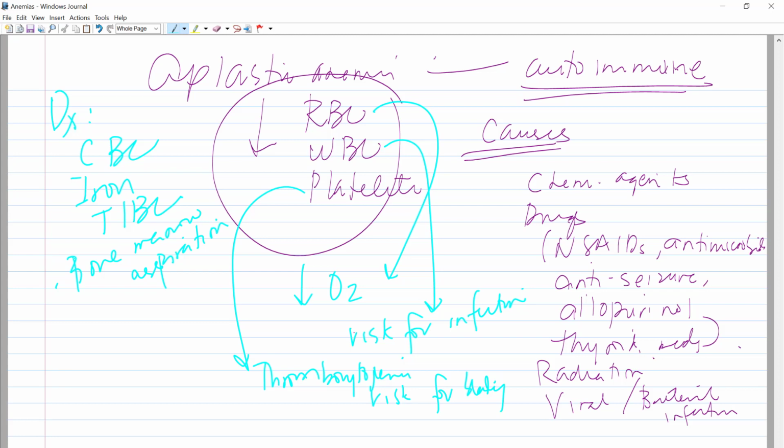So what do we do to this patient who has aplastic anemia? Again, we're focusing on the levels. If there's decreased RBC, then we give blood, right? Or probably your patient needs, I'll put here treatment, probably your patient needs HSCT, and we discussed this earlier. What else?